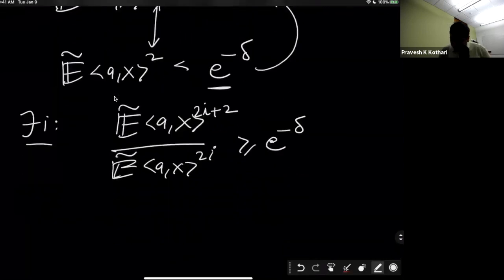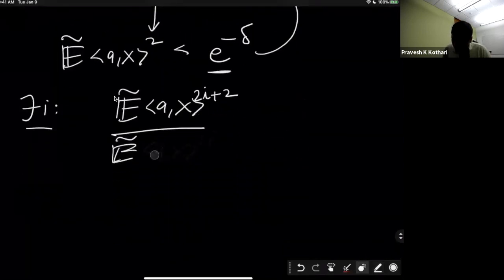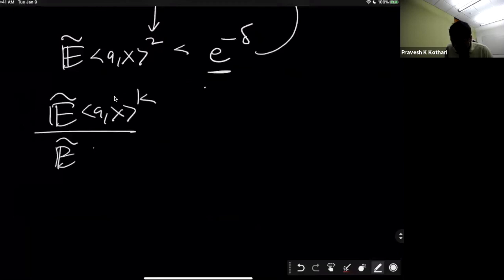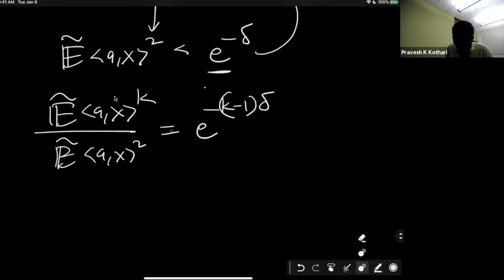Is this convincing? This is like some telescoping product. Maybe I should be clearer about this. I have A(x) to the k over A(x) squared at least e to the minus (k minus 1) delta. This is the inequality I have by my assumptions.